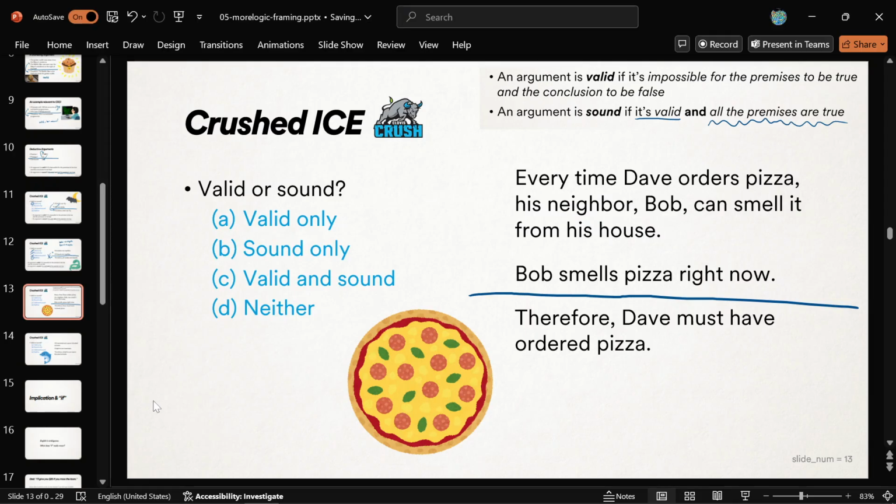Valid, sound, both, or neither. Two assumptions. Assume we live in those universes. Do we get that? Then also, are those assumptions correct? True assumptions in the world. Yeah, discuss.